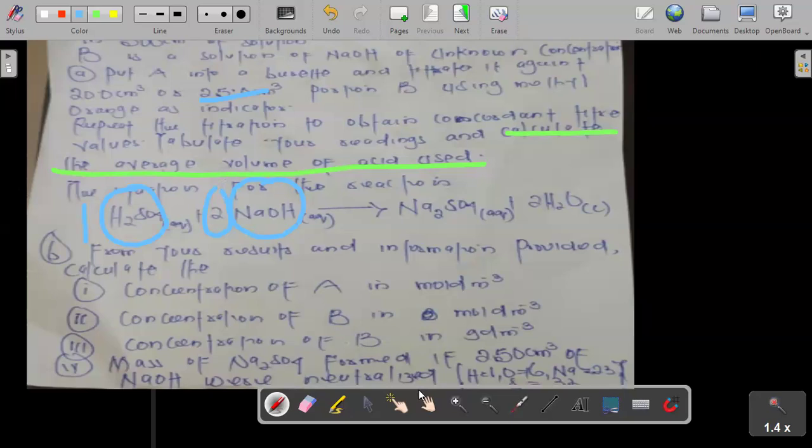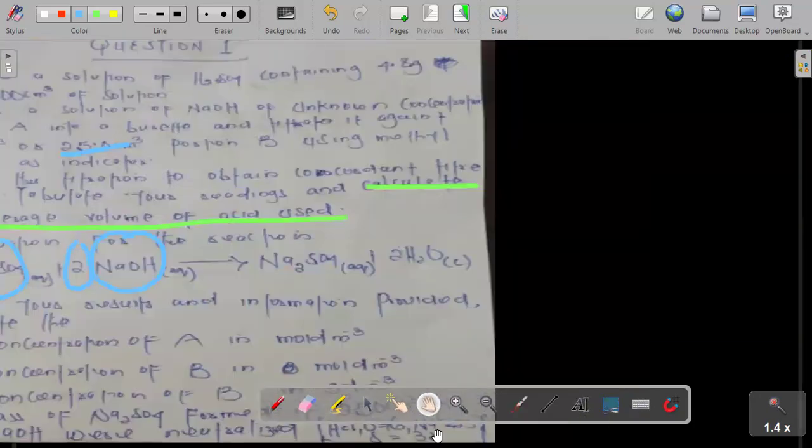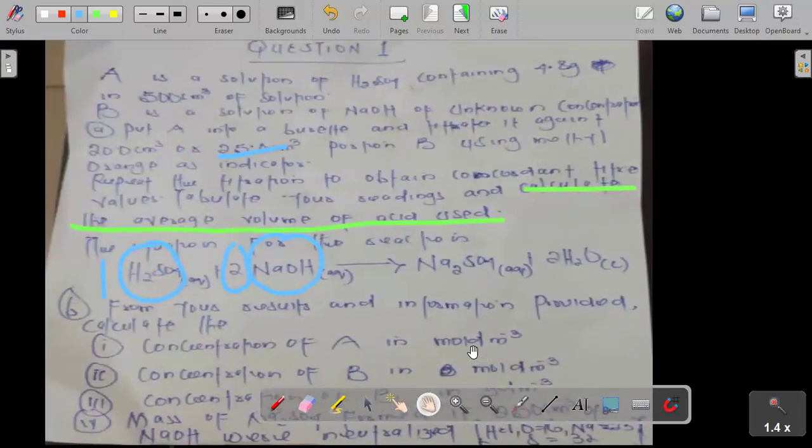Let's go back to the question to see the information provided. So the information provided is this. It says a solution containing what? 4.8 grams. That is one piece of information. Then they gave us 500 cm³. That's another piece of information. Then they also give us the volume of the pipette, another piece of information.